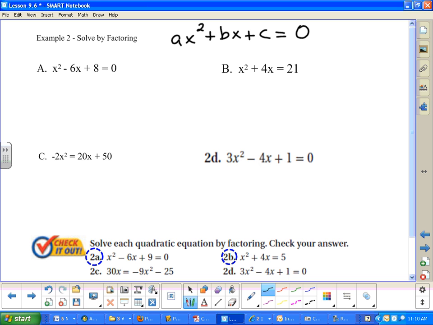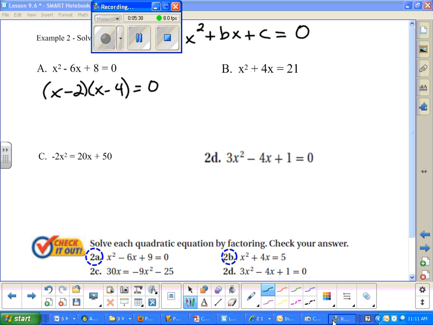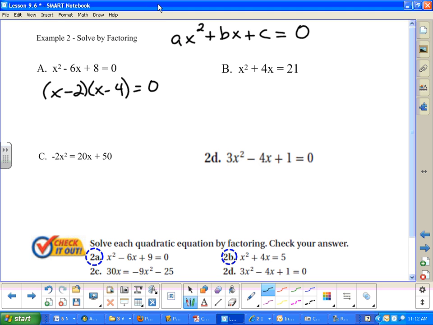Okay, you agree with that then? All right. So Nathan, what did you get for an answer here? Okay, x equals 2 or x equals 4. Okay, good. All right, everybody agree with that?